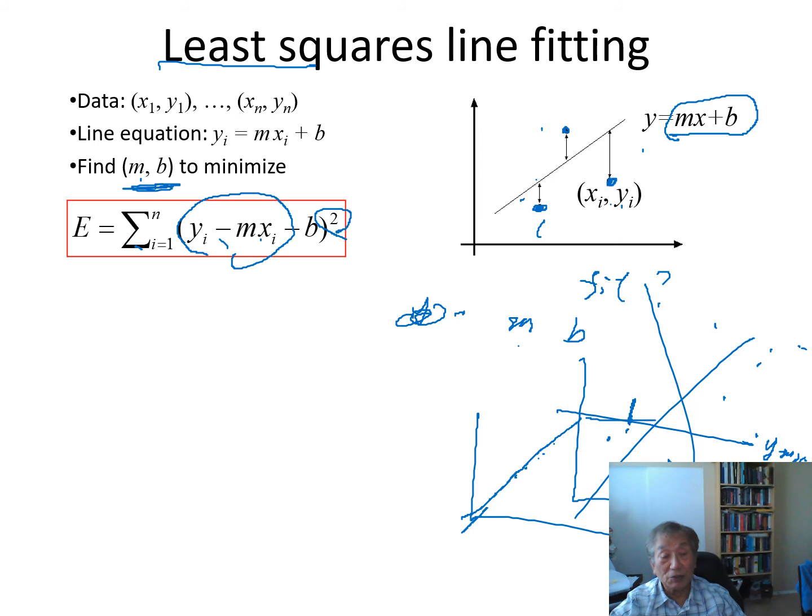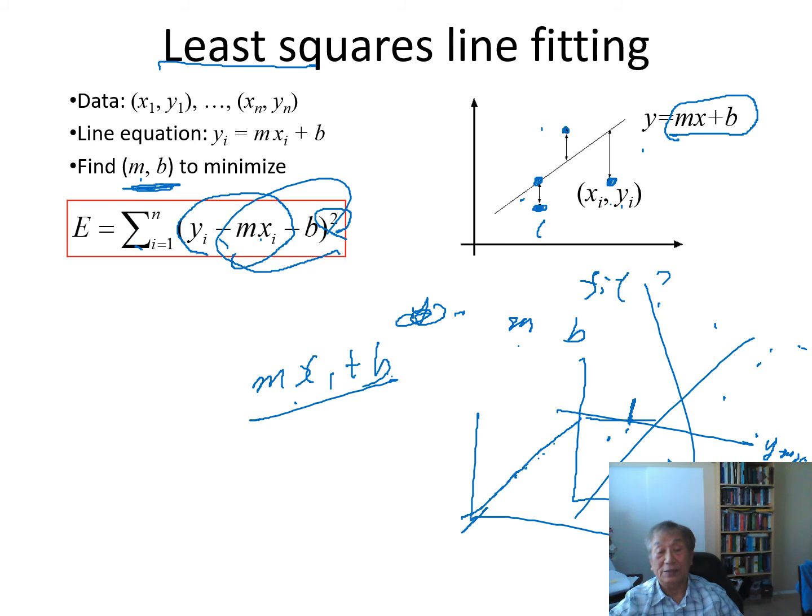So this value is actually mx1 plus b, the value when the x is right here. This is our x value. Say when x is 3, then y is 2.